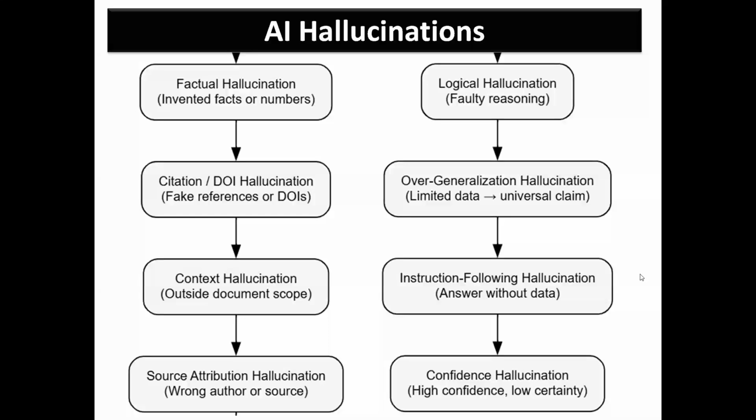Now we will see which types of AI hallucinations exist. You might have seen that when we generate research based content from AI chatbots, many times fake results, fake references, or manipulated DOIs are generated. You also might have used ChatGPT or Gemini to generate references and citations.